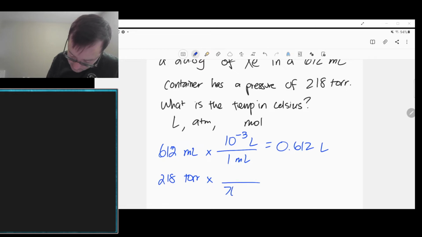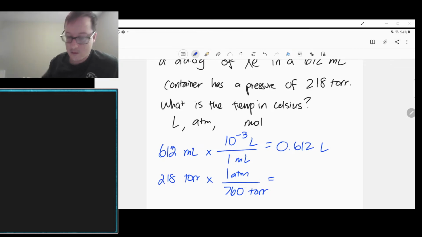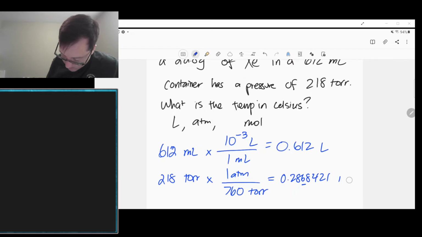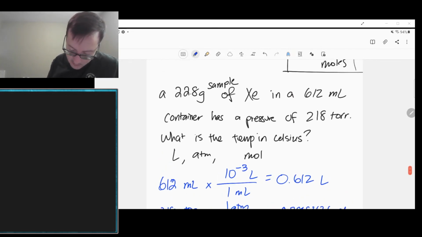Remember that the conversion is 760. Okay, 218 divided by 760, 0.2868421. That should have 3 sig figs. Oops, that's atmospheres.